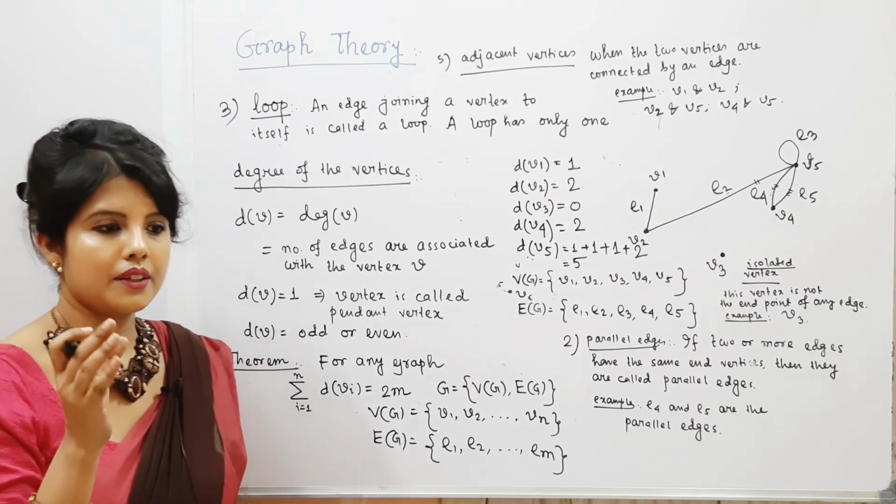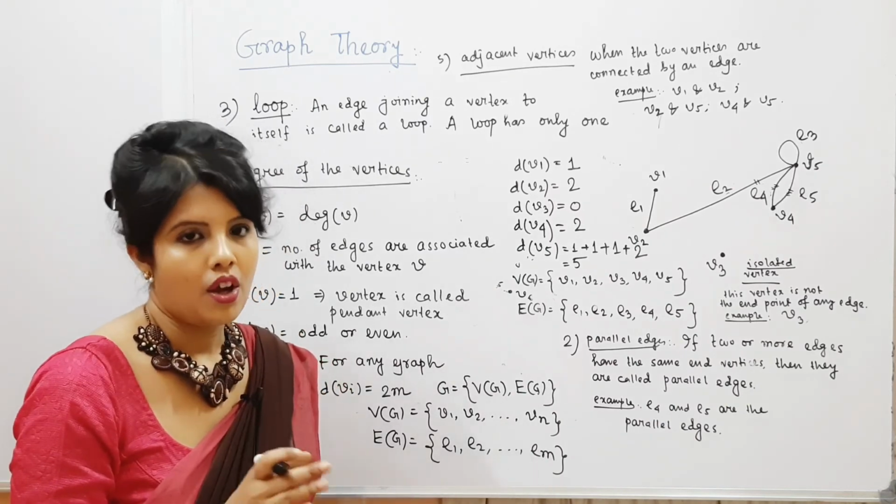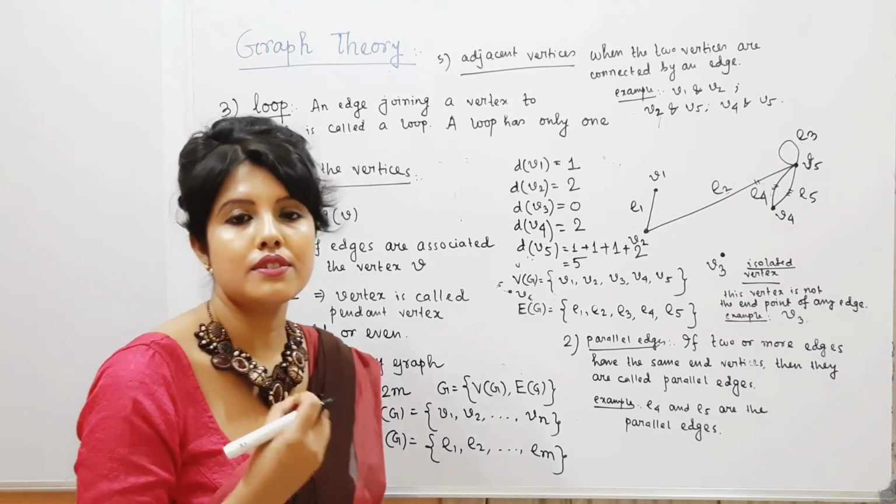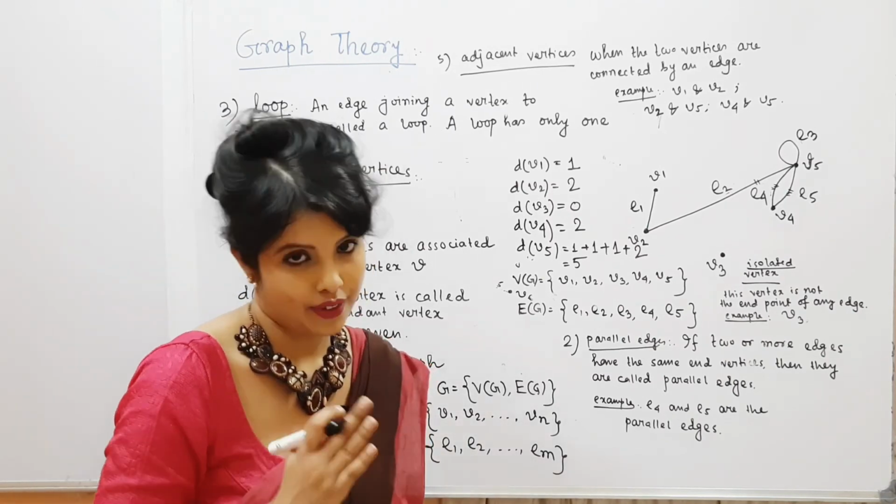That means the total sum of the degrees of the vertices of a graph is equal to twice the number of edges of the graph.